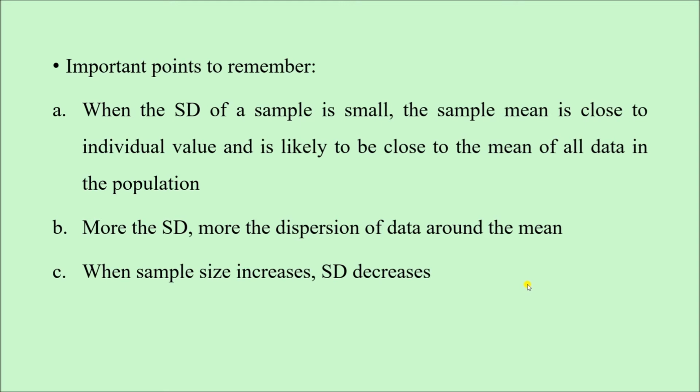For example, if we take a small sample and calculate the standard deviation of any particular variable, for example their age or height, and then we take another sample which is larger than the first sample, and we measure the standard deviation in that sample, we shall find that the standard deviation is smaller in case of the larger sample. If the sample size is small, the standard deviation is increased. This can also be proved from a formula that we shall show in the next slide.